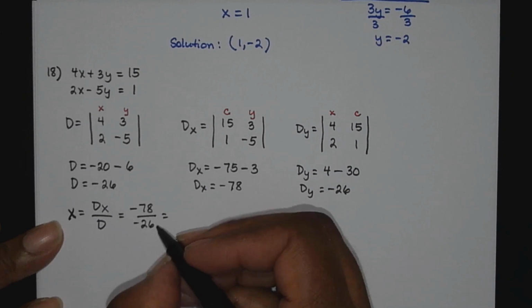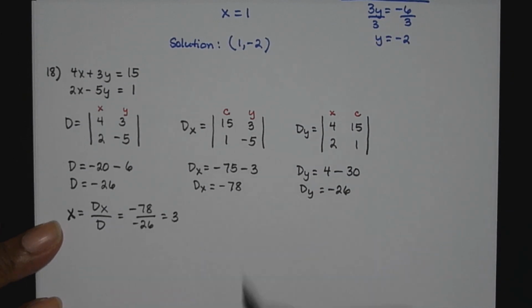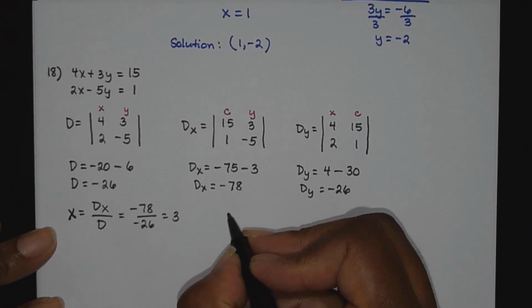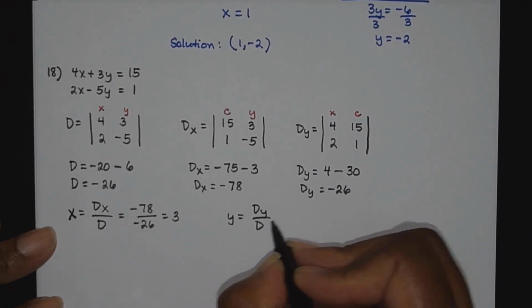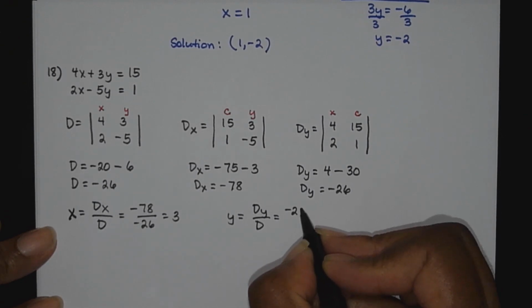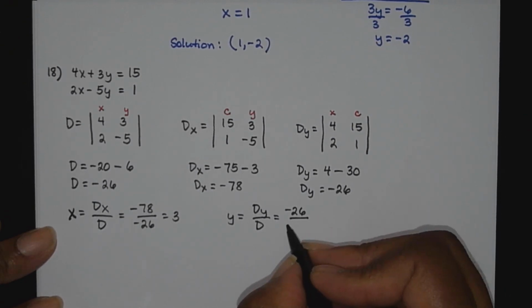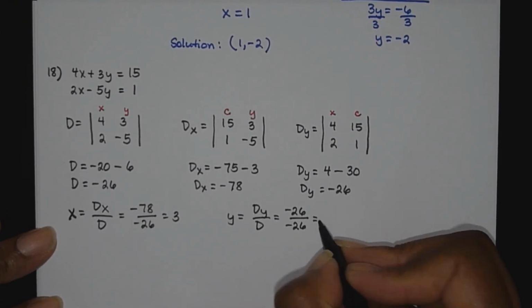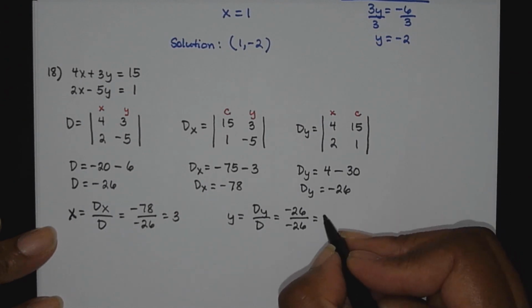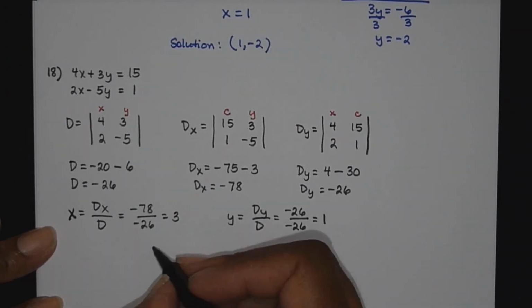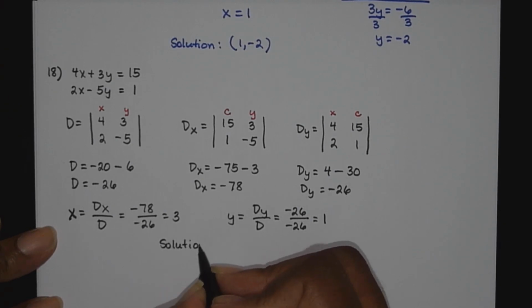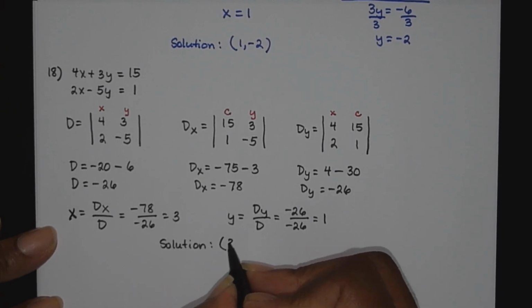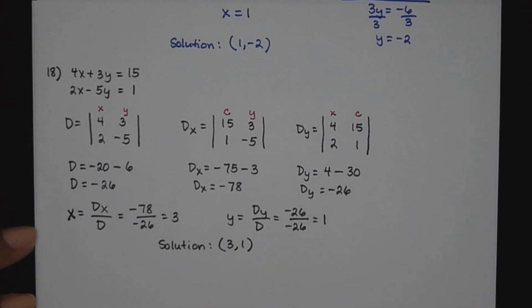Negative 78 divided by negative 26 would be 3. And then for y, that's your d sub y divided by d. D sub y is negative 26, d is negative 26. Negative 26 divided by negative 26 will be 1. So the solution for that system of equations using Cramer's rule would be 3, 1.